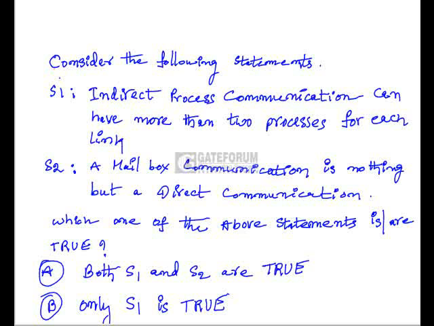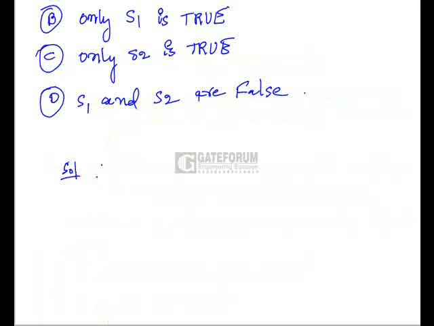So this is a true statement because indirect communication is nothing but a mailbox communication. The sender can send a message to mailbox and the receiver can receive a message from mailbox.